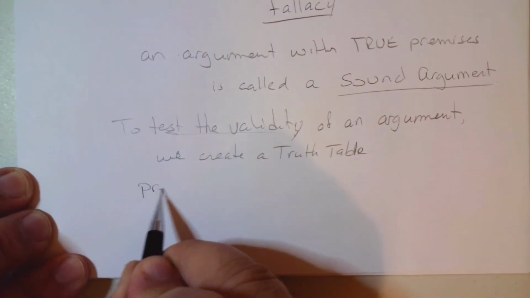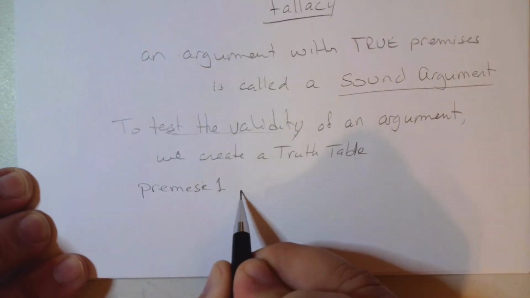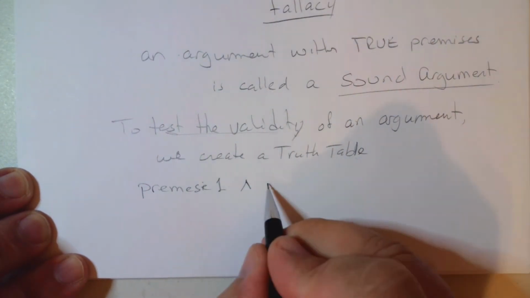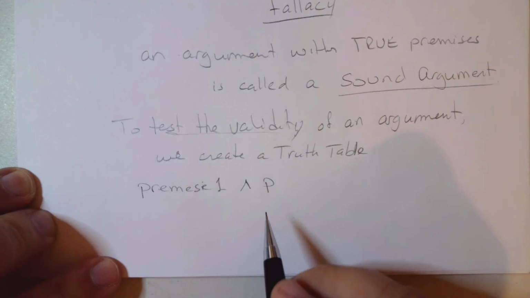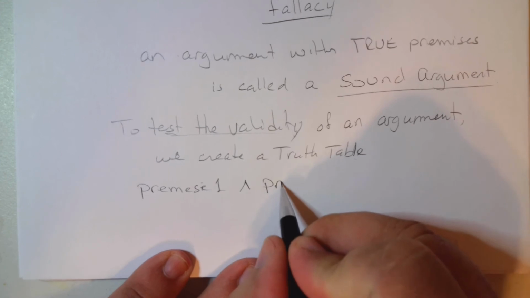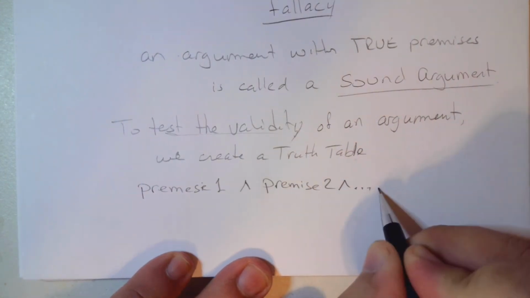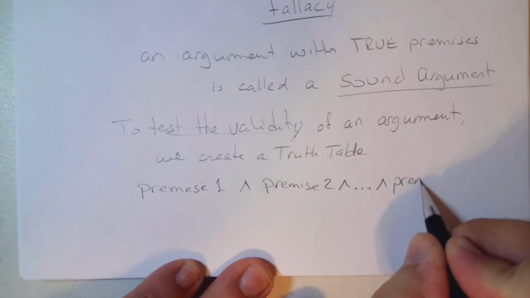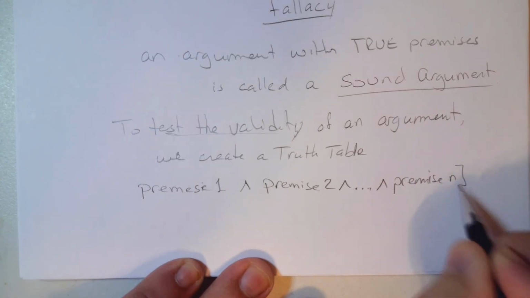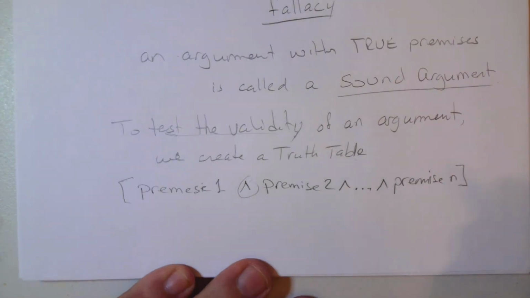You have to take all the premises and connect them with the and statement. So premise 1, premise 2, and however many premises you have, premise n. Take all of those, connect them with the and.